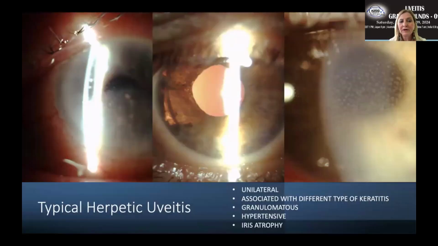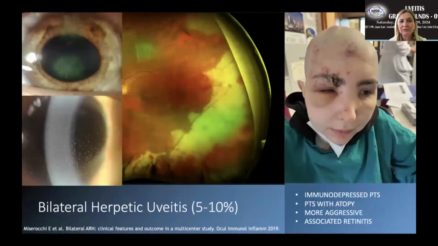In terms of the typical clinical manifestation of anterior herpetic uveitis, you have seen that a patient is typically presenting with unilateral granulomatous hypertensive uveitis associated with corneal involvement and, of course, associated with iris stromal involvement. But sometimes, in 5 to 10% of patients, the herpes may be bilateral, especially in patients with atopy or in immunodepressed patients.